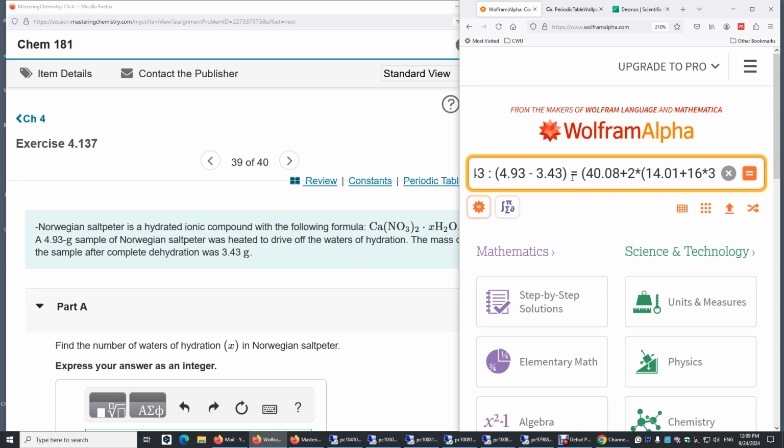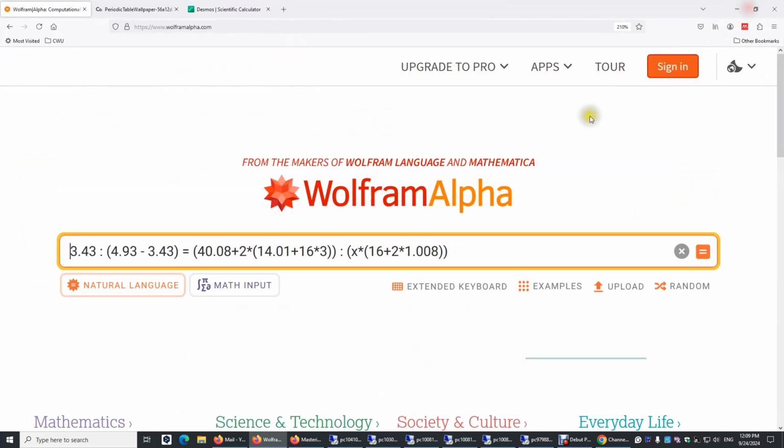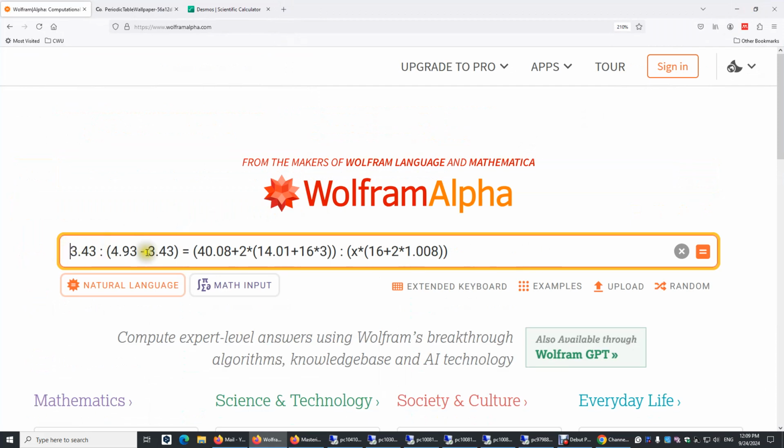Now we have a fairly long equation over here, and I want to show you the entire equation. This is the mass of calcium nitrate, no water in the sample. This is the amount of water in grams. Over here, this is the molar mass of calcium nitrate.